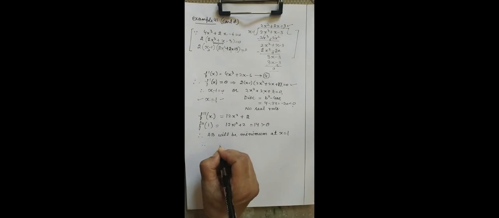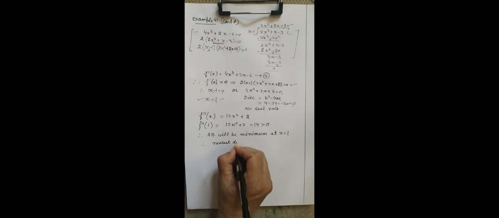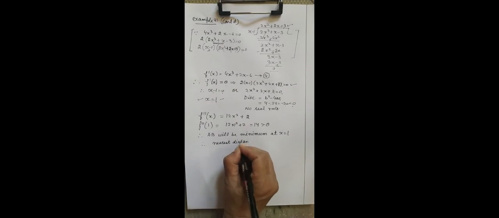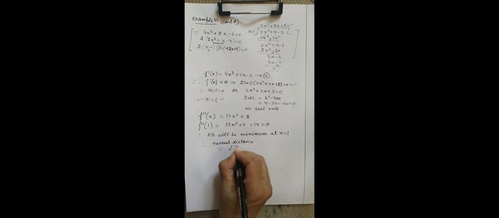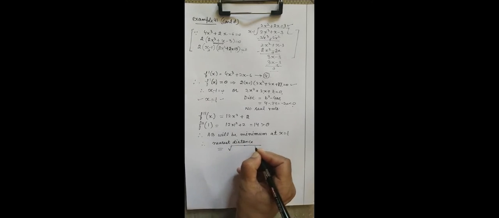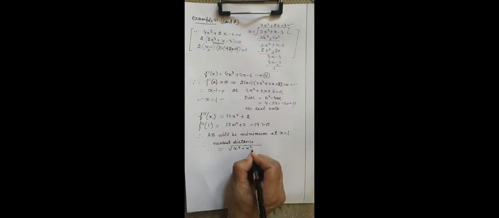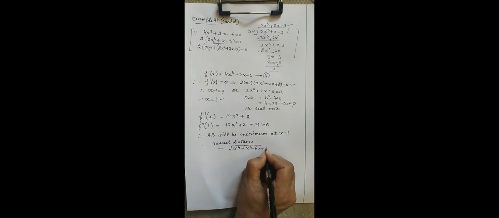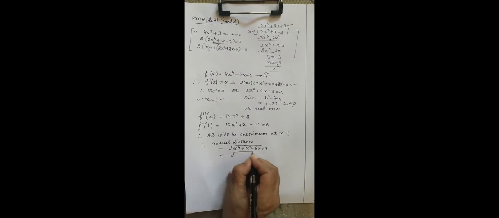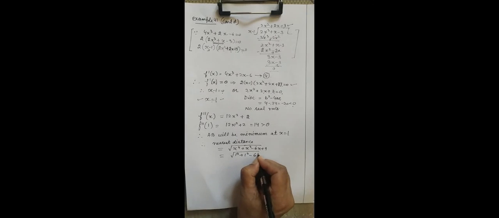Therefore the nearest distance will be equal to under root of 1 raised to power 4, plus 1 square, minus 6 into 1, plus 9.